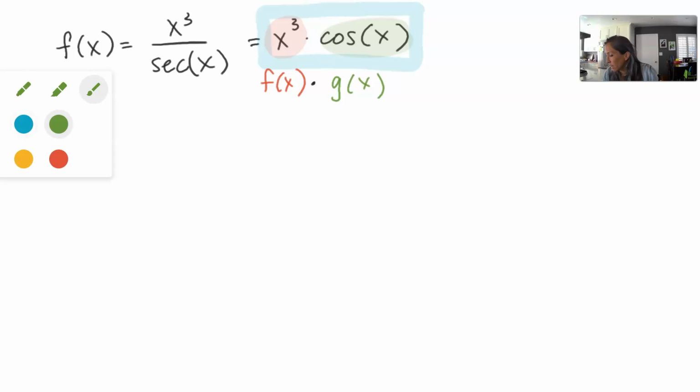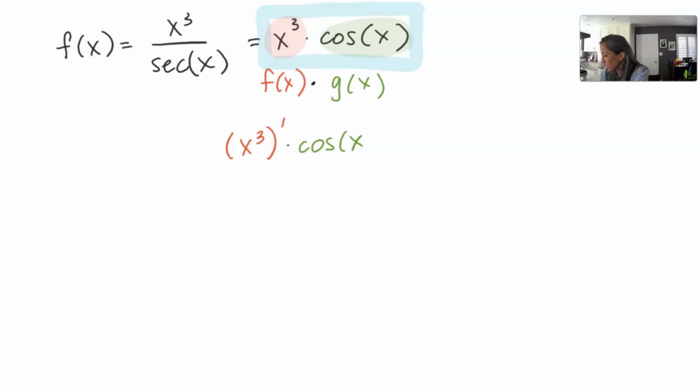Our text, our Canvas shell, says we take the first factor, its derivative, multiply that by our second function as is, add it to the first, no need for a derivative, times the derivative of our second function.